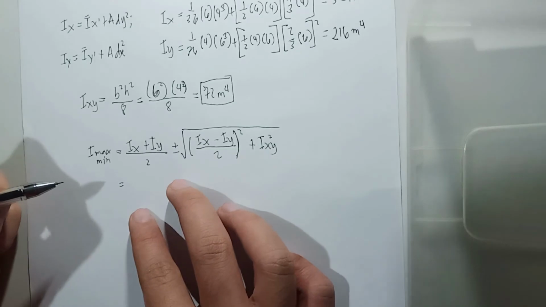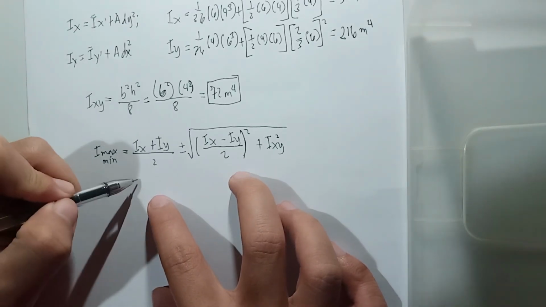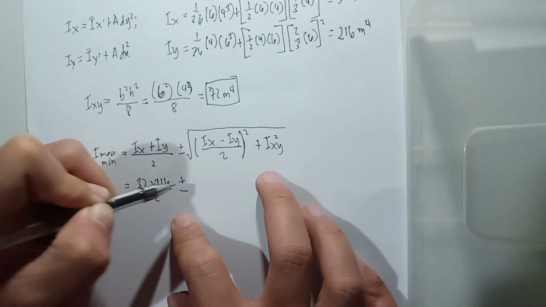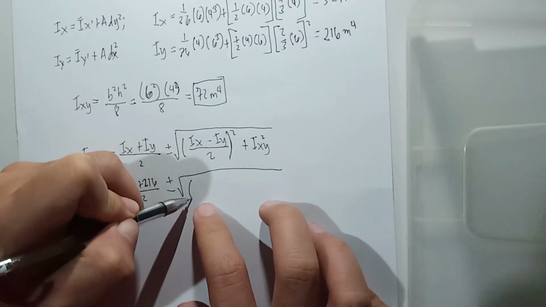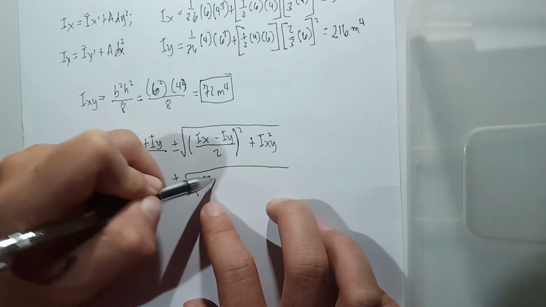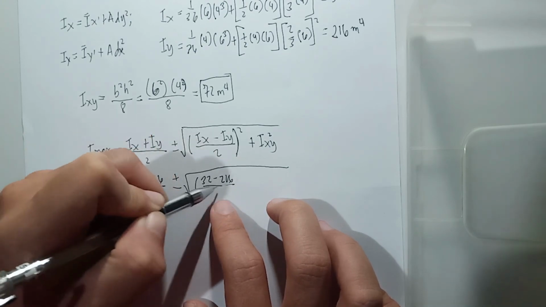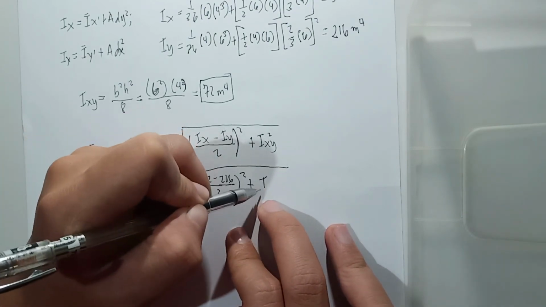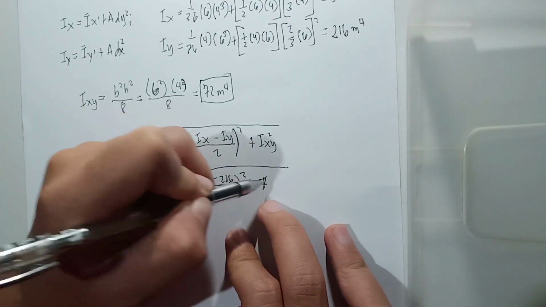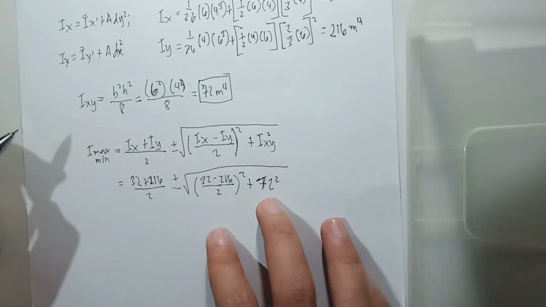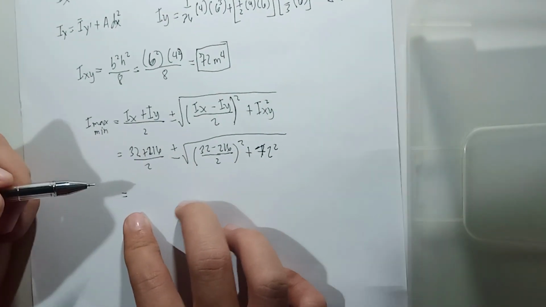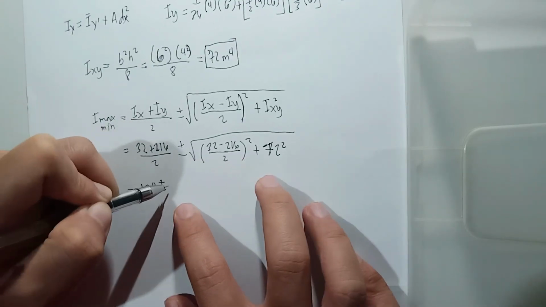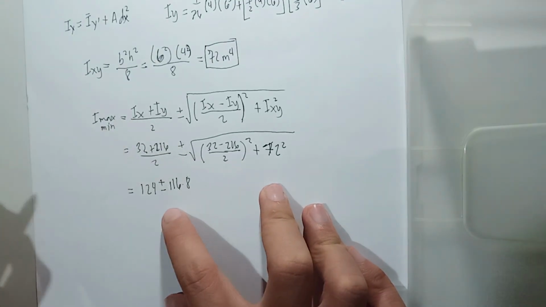So our Ix is 32 plus 216 over 2 plus or minus the square root of 32 minus 216 over 2 squared plus 72 squared, and equals 124 plus or minus 116.8.